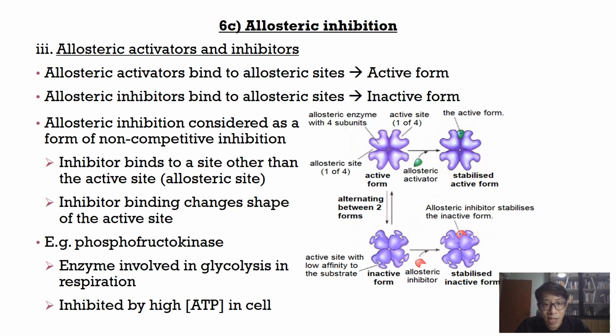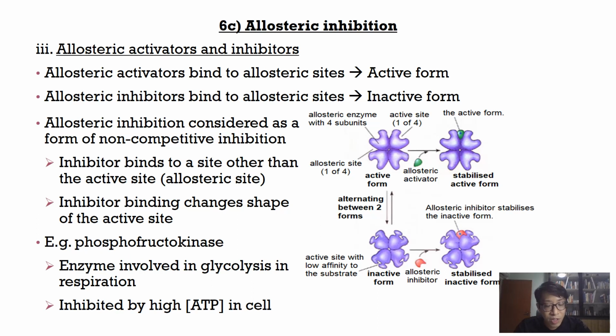So it would inhibit the activity of this enzyme, therefore slowing down the rate of glycolysis, which in turn slows down the rate of respiration, because there's already enough ATP in the cell. High ATP concentration prevents further respiration to produce further ATP when it is really not needed by the cell.